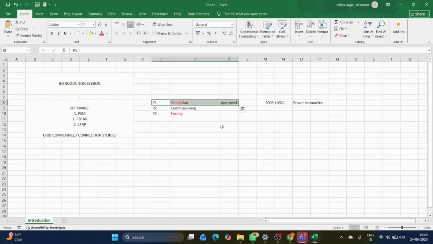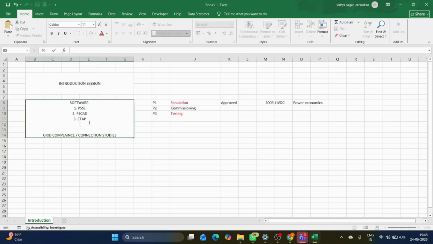As per the utility requirement, they are going to have different types of software. One is PSS/E, then PSCAD. ETAP, some utilities may or may not require. The fourth one is DIgSILENT, but most probably it will not be accepted except in Germany, which concentrates on German markets, Spain, mostly German or Spain.